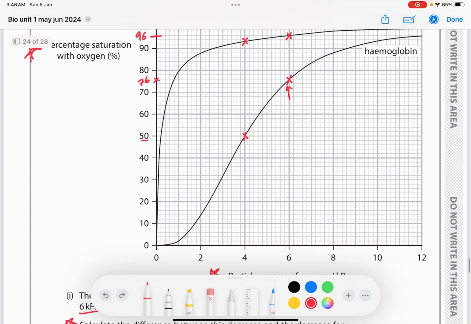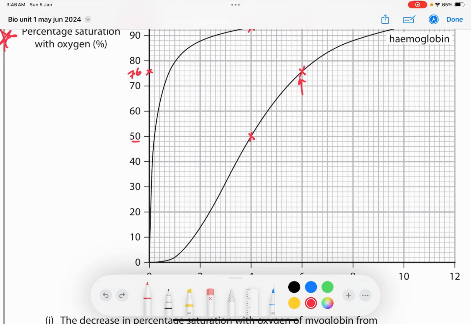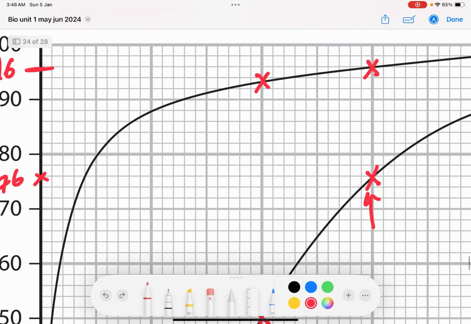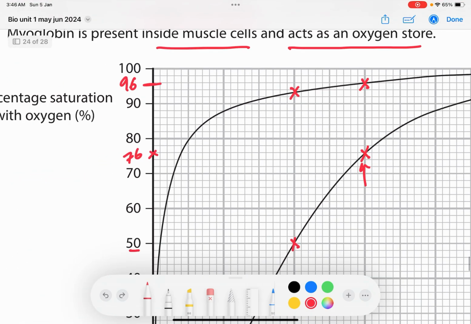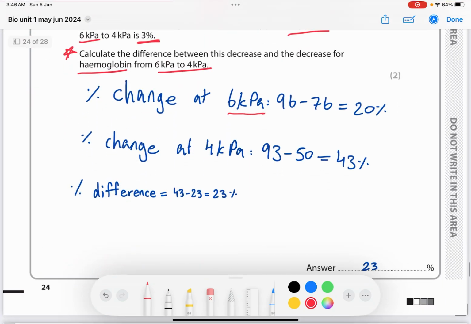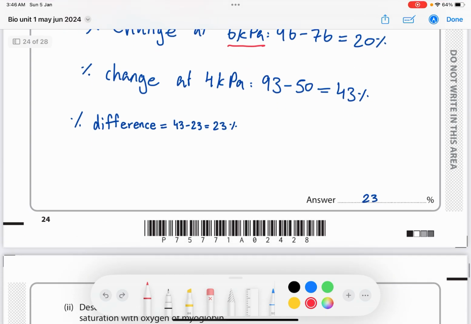Then at 4 kilopascal, this one over here is 50%, and this one is 93. So at 4 kilopascal, we have 93 minus 50, which gives us 43%. Therefore, our percentage difference will be 43 minus 20, 23%. So the answer is 23%.